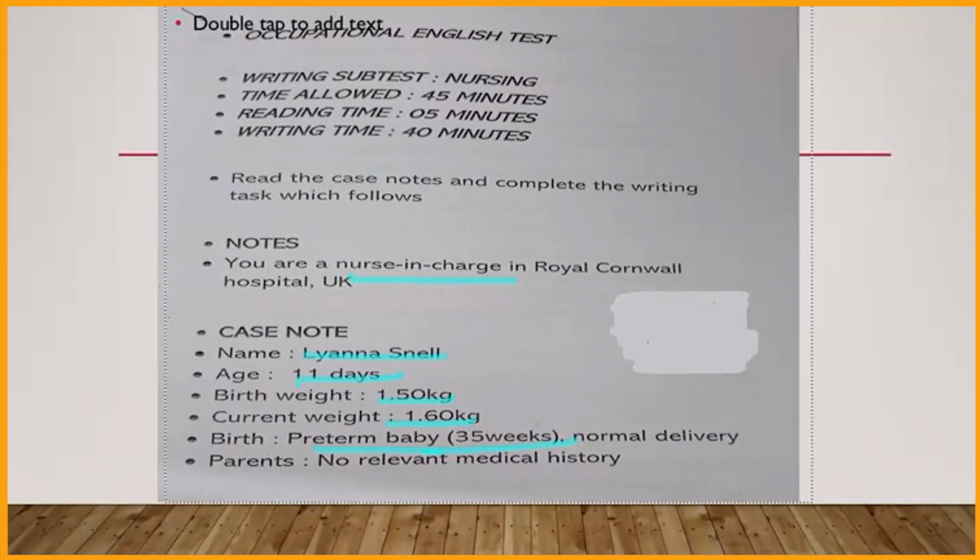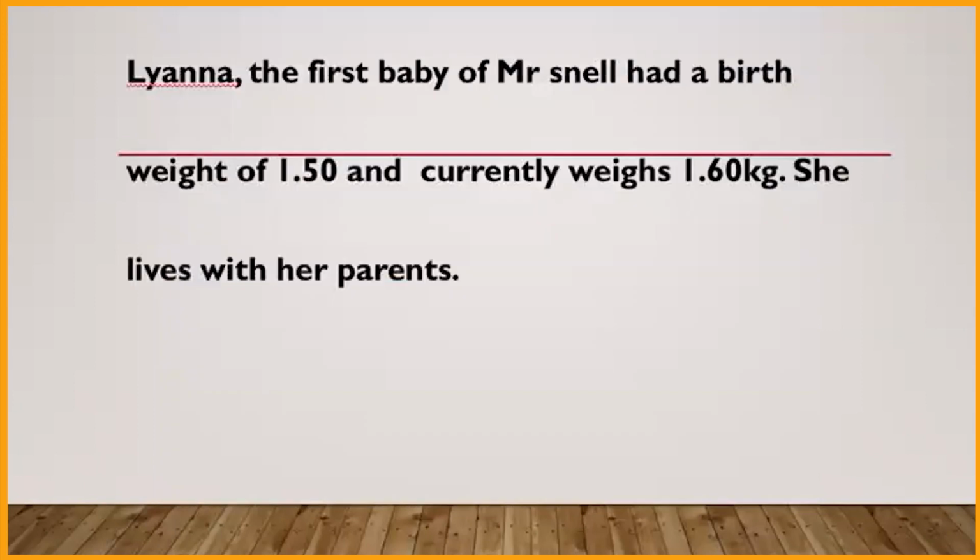Currently, she weighs 1.6 kg. If you want, you can say Liana, a preterm baby, is the first child of. If you want, you can write like that. Okay, I have written it like this. Anyway, you all have this flexibility in writing. You can write in whichever way you want, provided the grammar is fine. Liana, the first baby of Miss Snell.